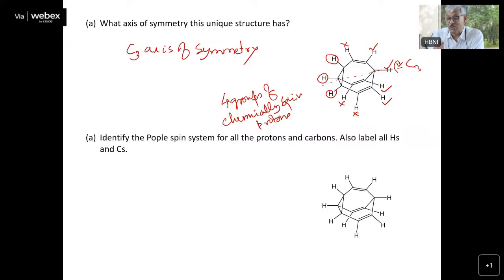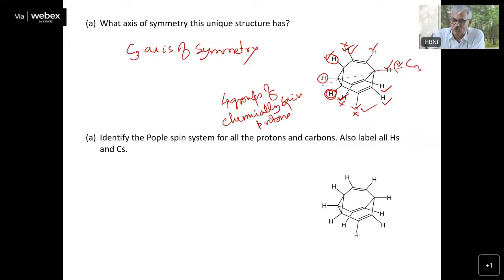Now I have told you they are chemically equivalent, but you will see that the coupling constant of this proton with this hydrogen and this hydrogen are not the same. So they are chemically equivalent, but they are not magnetically equivalent. Similarly, for this one, you will see the coupling constants with this and these are different.